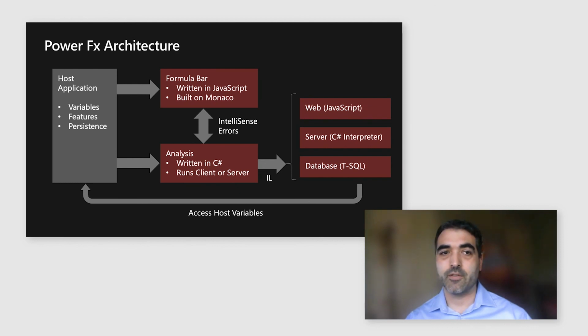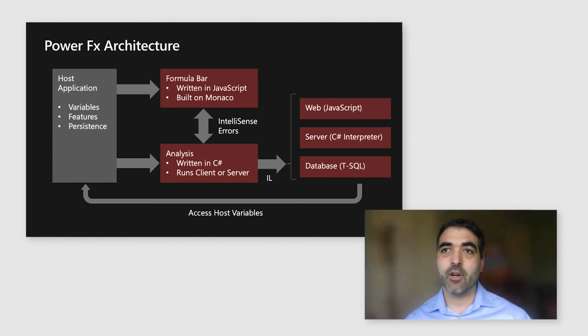We're also providing an analysis engine as a NuGet package, easily consumable in C#, and this is where the host can pass the expressions and some context in, have it analyzed, type checked, and then ultimately compiled to some sort of code gen or interpreted even on the fly, depending on what's the most appropriate target for the host.